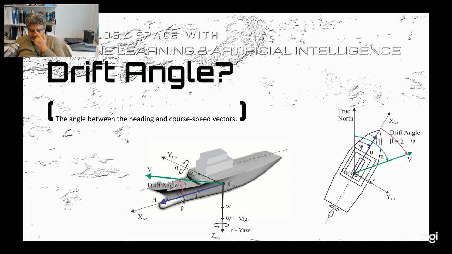So obviously there's a drift angle between these two vectors. The drift angle can be defined as the angle between the heading and the course speed vector. In this figure I'm representing beta as the drift angle, which is equal to chi minus psi. So that's the end of my presentation.